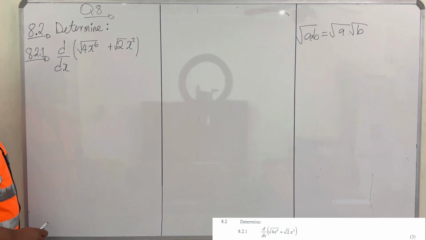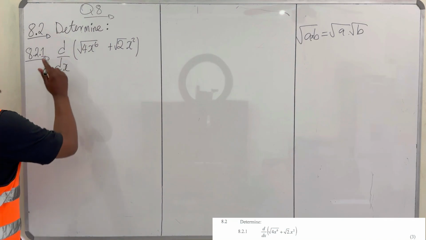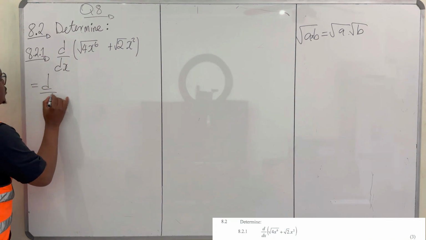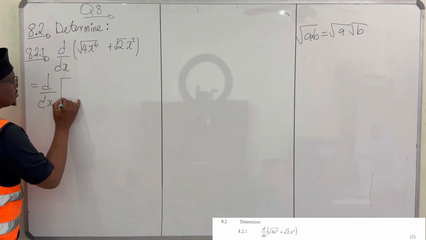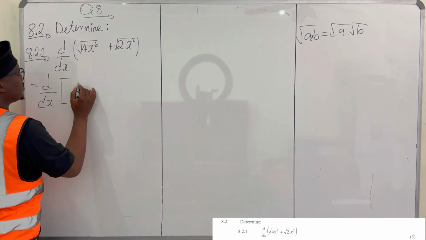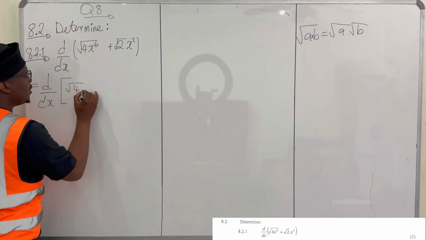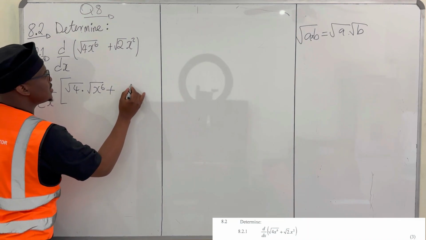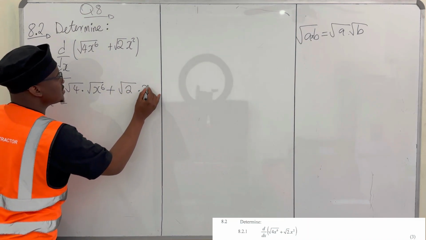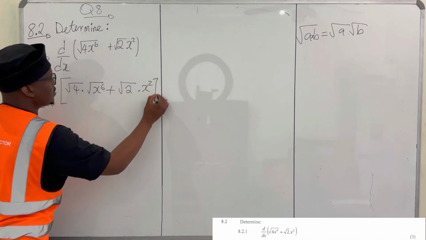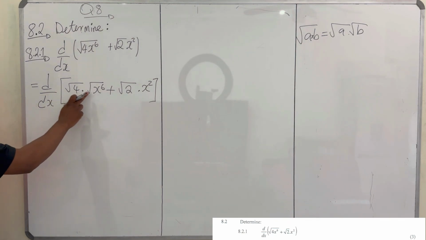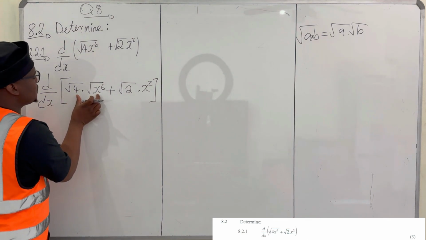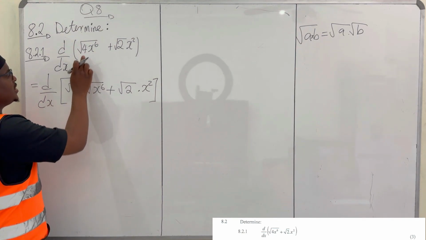So the derivative of this thing is equal to the derivative with respect to x of the square root of 4 times the square root of x raised to 6 plus the square root of 2 times x raised to 2, which is x squared. So we've expanded this using the same laws.